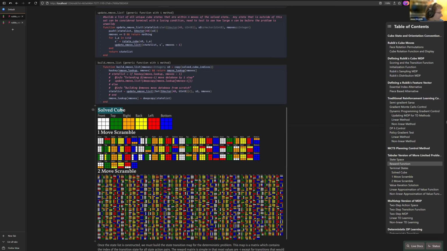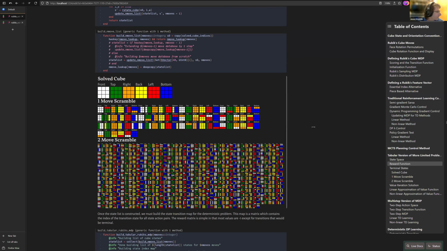And then these are the 12 cubes we end up with from just that one move scramble. And this is also including the solved state here. But this is actually showing all of the cubes that are within 2 moves of being solved. And I'm not going to show more because obviously the space is getting big pretty fast.